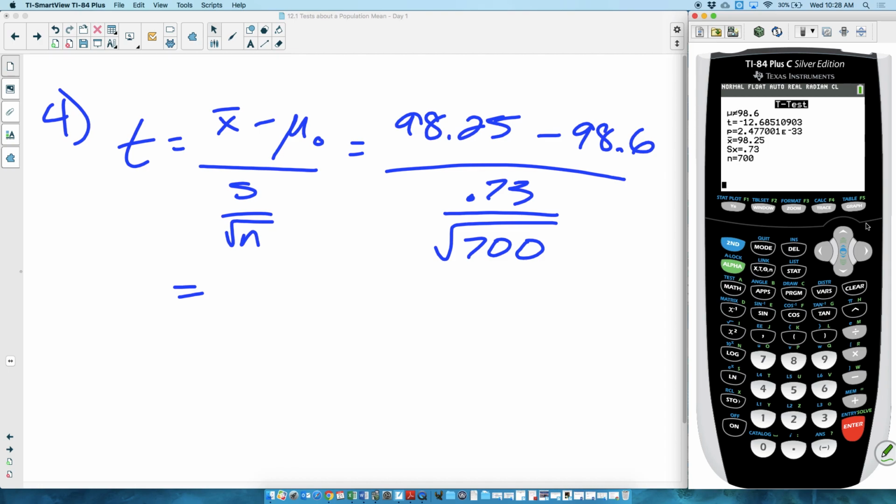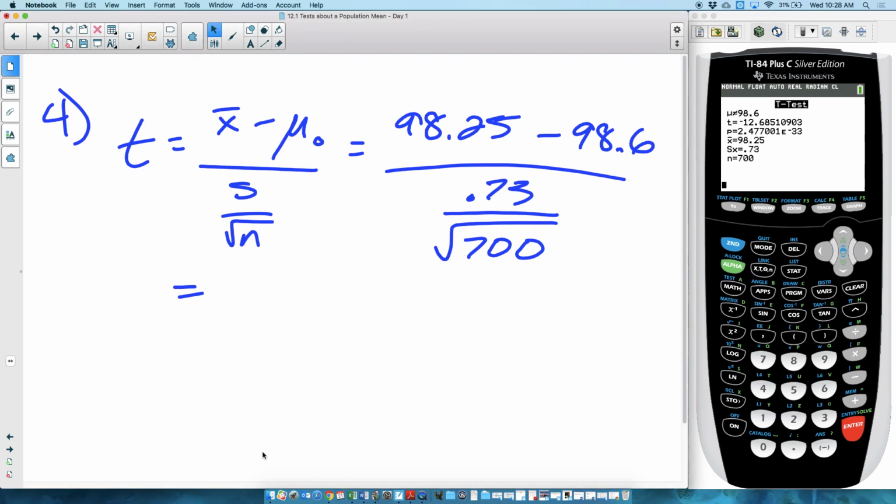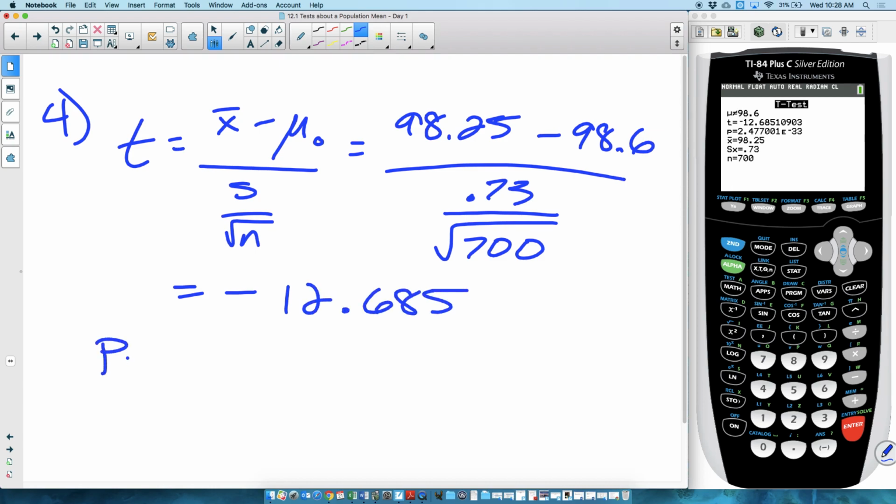It is a very small p-value. Good for reading all the decimal places out. And so the p-value, I agree, I can say is approximately 0 because it's really 2.477 times 10 to the negative 33rd.